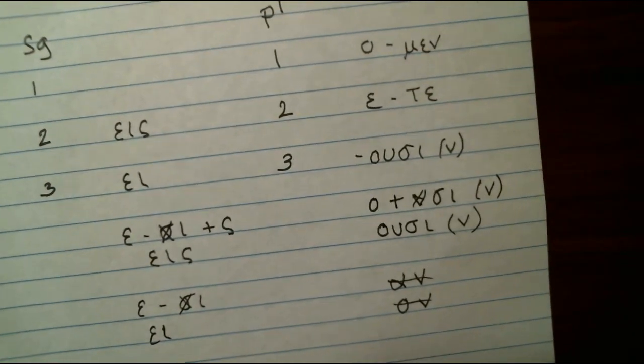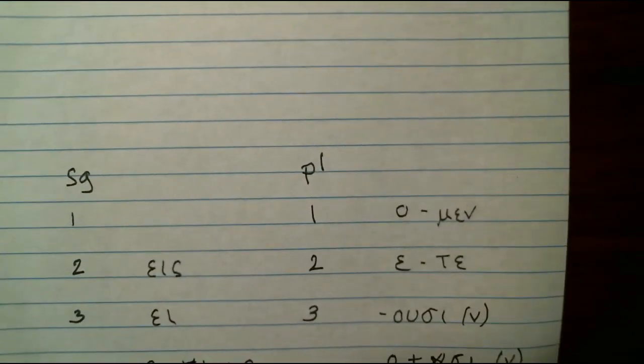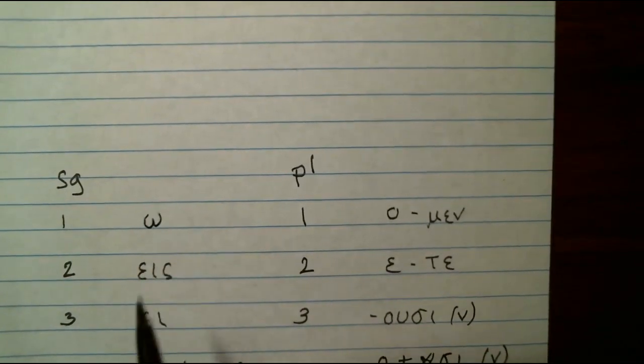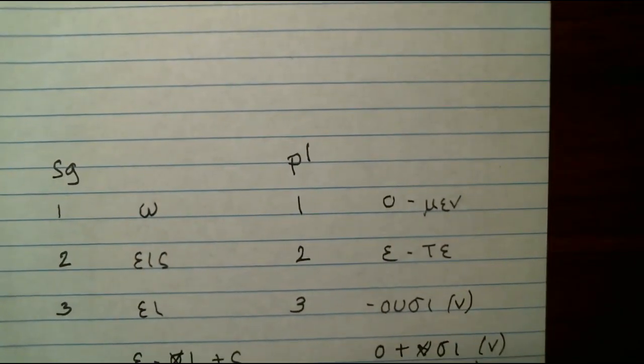Okay. And then you have a lengthening of the omicron to omega for first person singular. All right, so that is the phonetic shifts in the history of Greece that we get these forms.